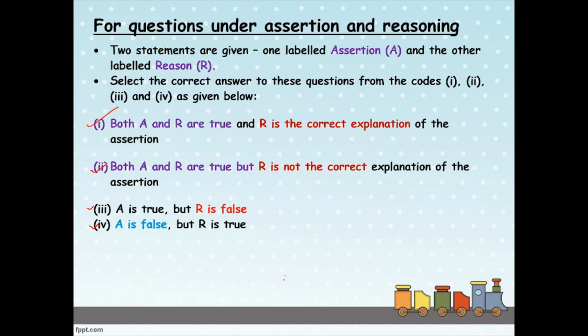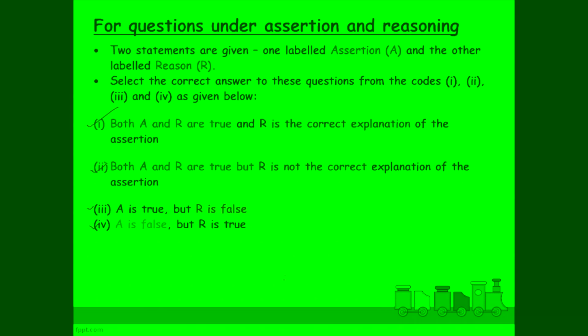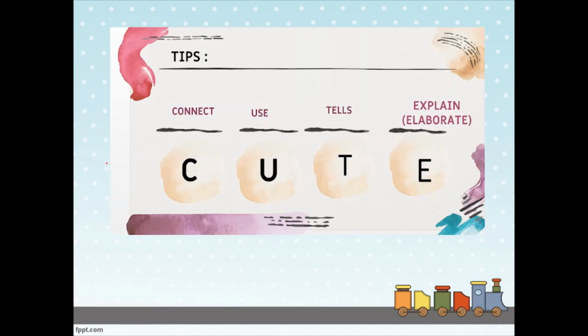When I talk about the connect, how do we judge whether the reason is supporting the assertion? For that we have a clue that is called CUTE. Generally, the reason is an explanation-like thing for the assertion.